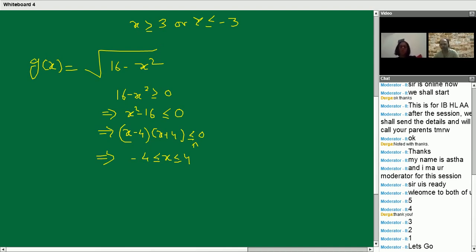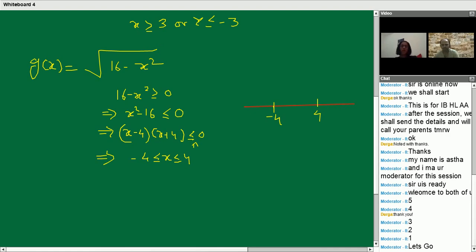Now the question is, using the sign diagram, how can we get this? Once we get negative 4 and 4, to the right of 4, what would be the number? For example 5 squared, so 16 minus 25. So negative.